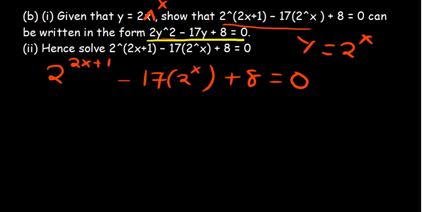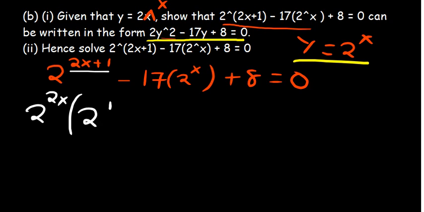So given that y is equal to that, we want to make sure that in this equation we get to substitute y. So what are we going to do? So what did we say? The first point that we made is whenever you have powers being added, it simply means that you multiply numbers of the same base. So it's 2 to the power 2x being multiplied by 2 to the power 1.